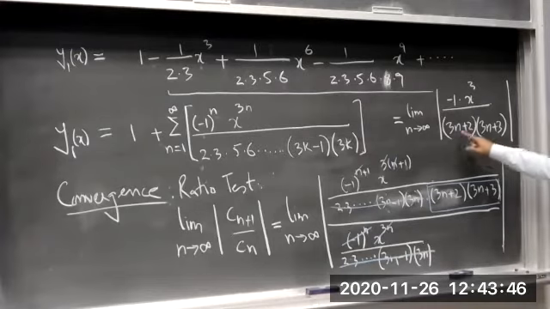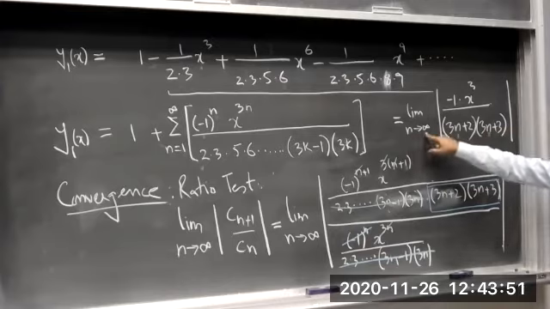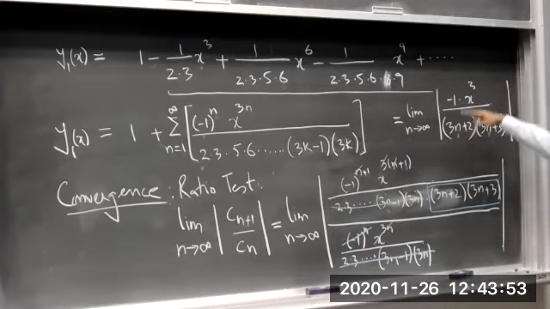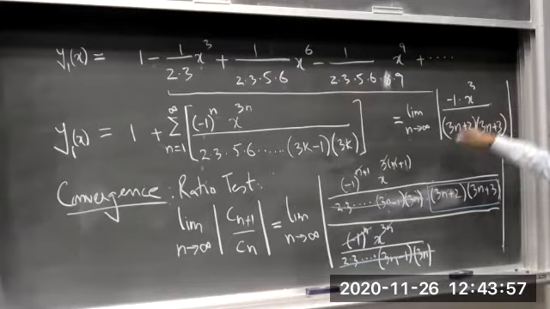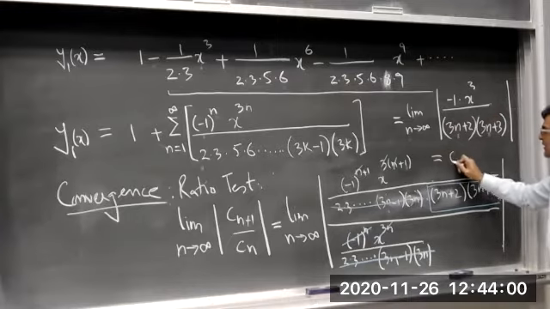Now, n is in the denominator. If we apply limit n goes to infinity, all this will go to 0. This whole expression will go to 0.